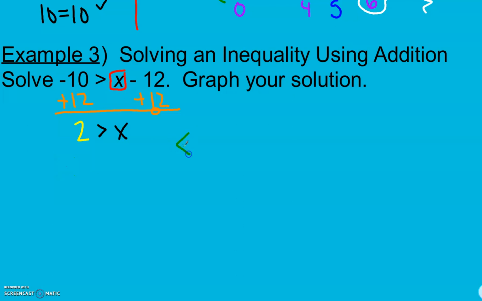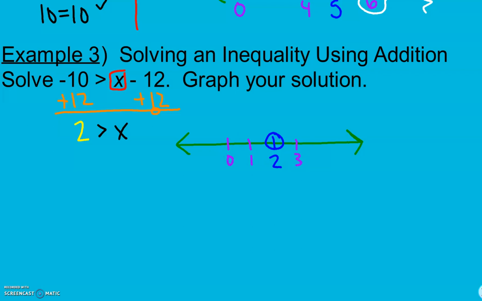Now we graph. Number line. I put 2 and a circle at 2. Then I pick numbers on each side. 3, 1, and I want to make sure I have 0 on there as well.